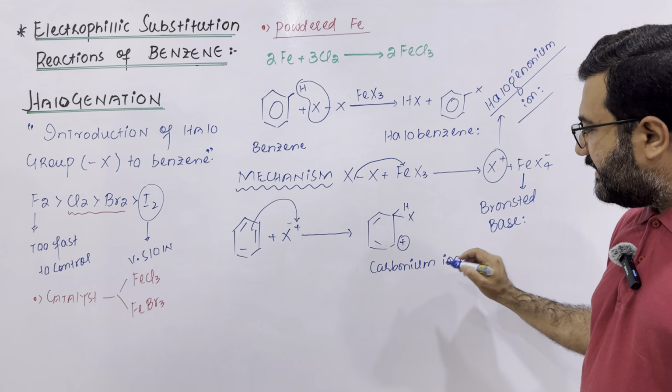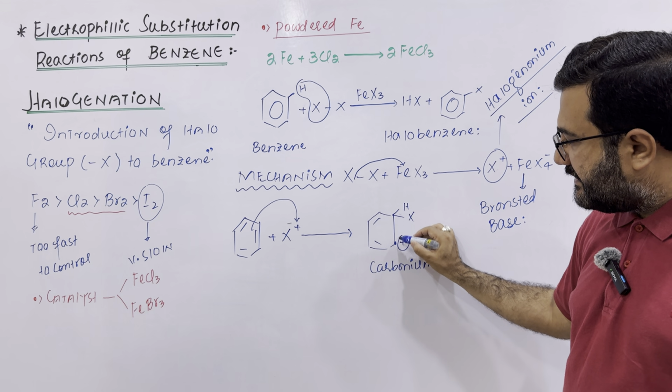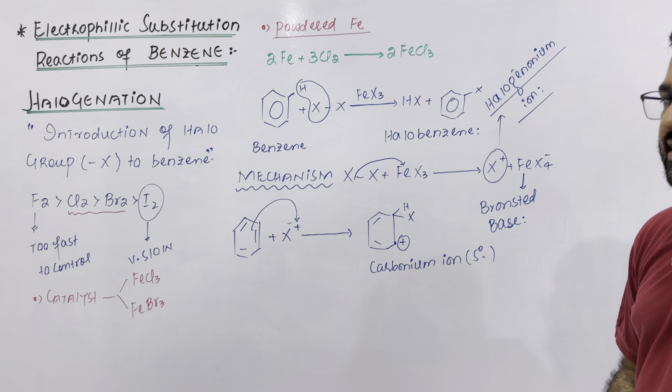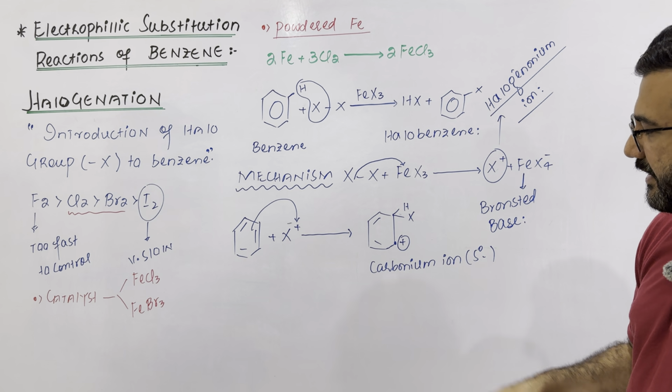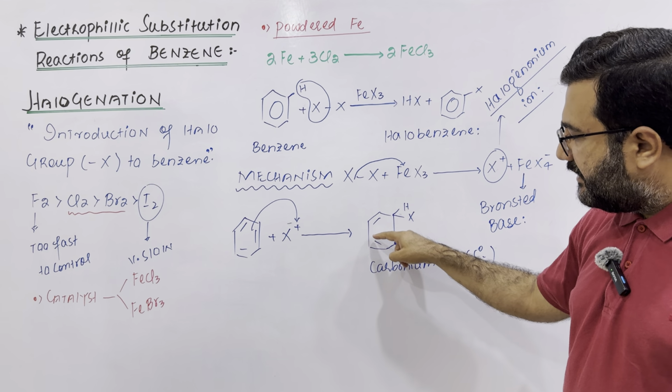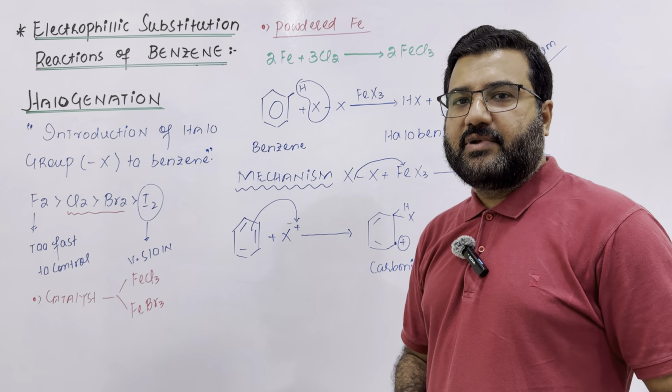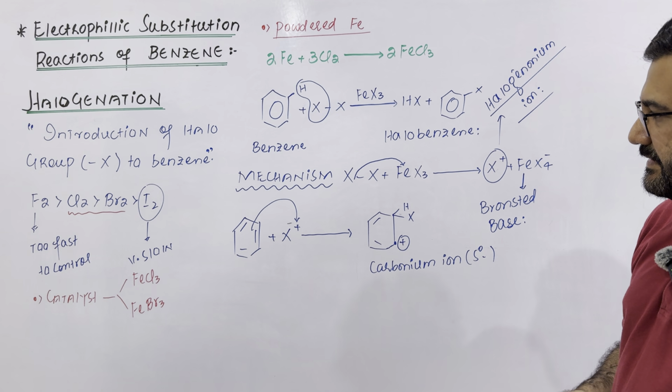This carbon, because it is directly bonded to two other carbons, is basically a secondary carbocation or secondary carbonium ion, and this positive charge along with these pi bonds can move throughout the ring, so it will be stabilized by the resonance.